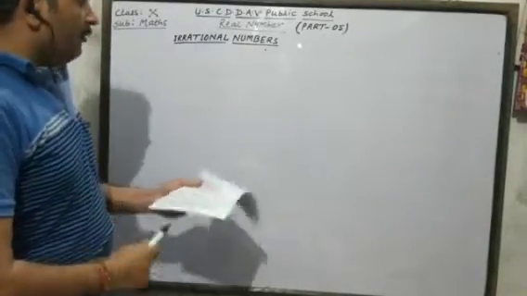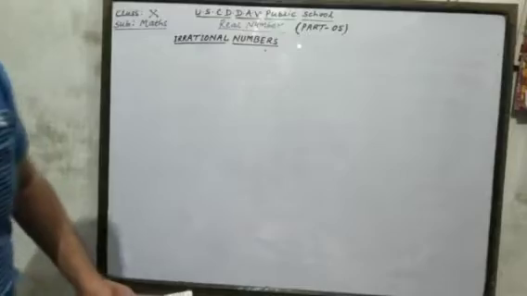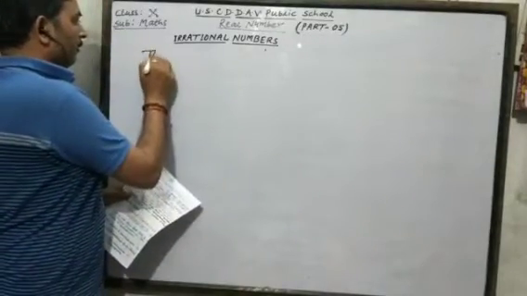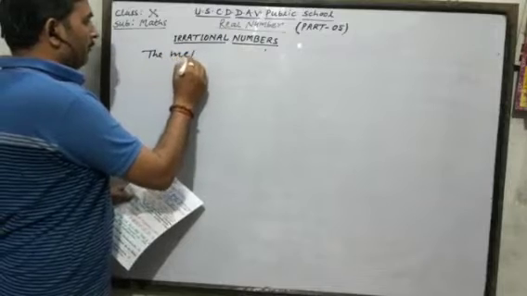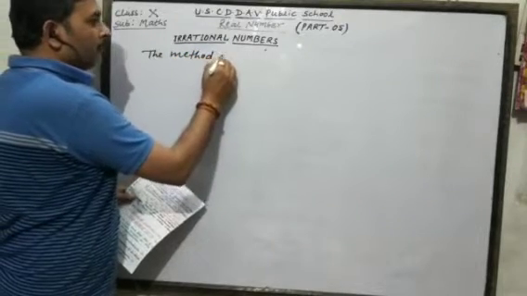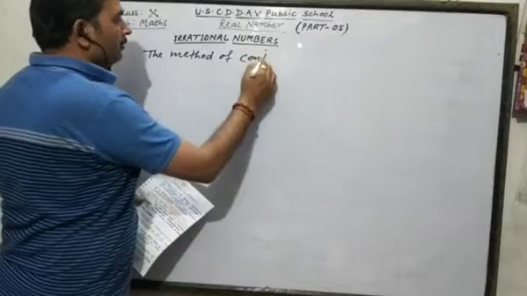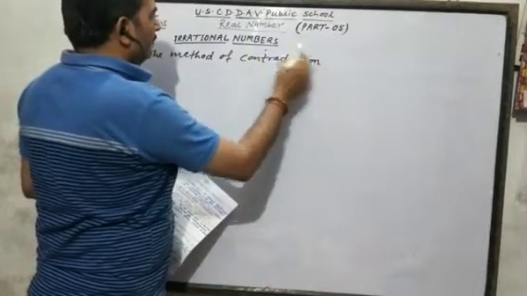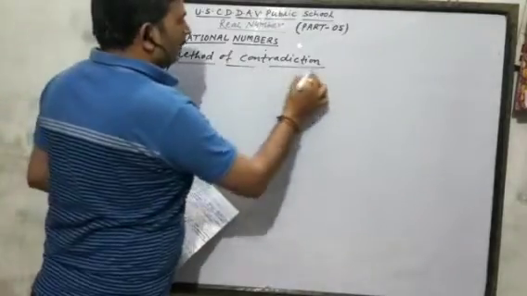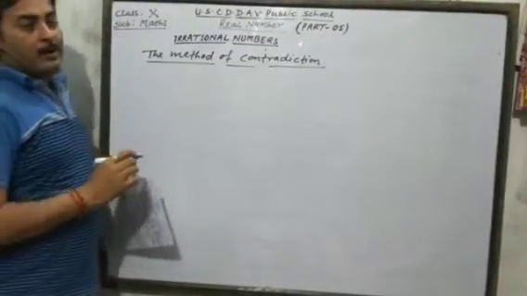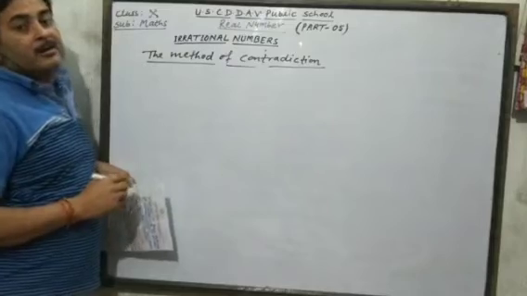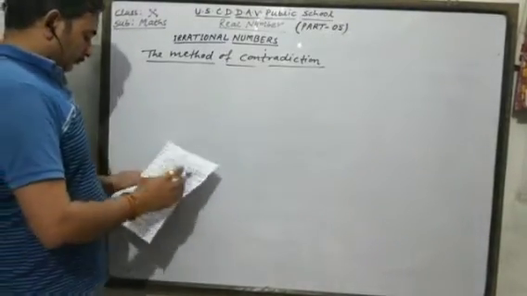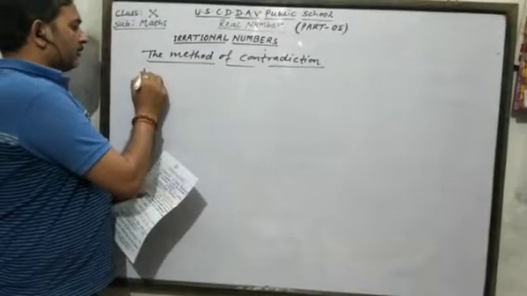First of all, we will discuss what the method of contradiction is. There are two parts.